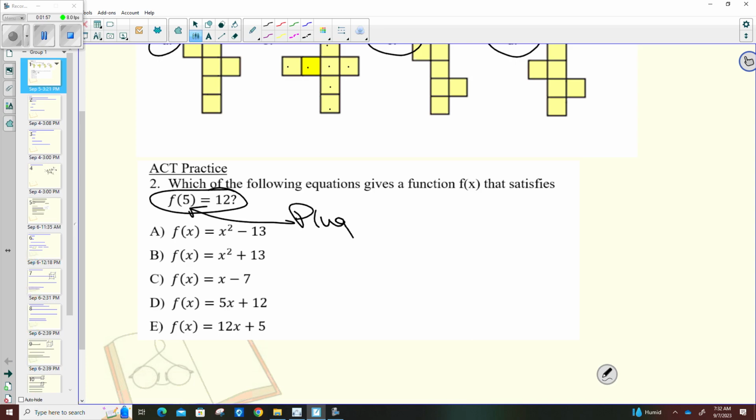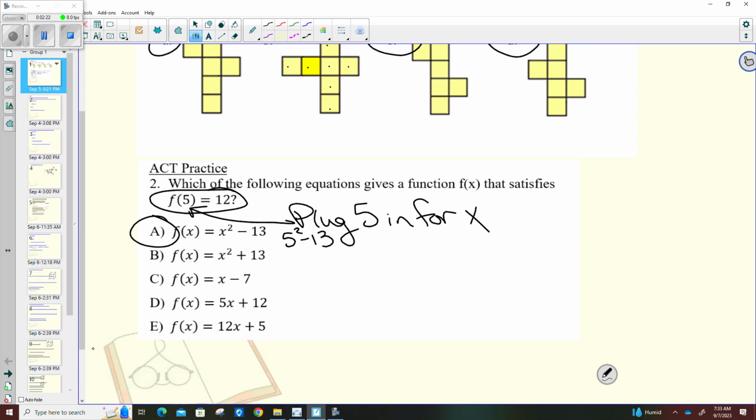Plug 5 in for x. So you literally just had to go line by line and plug in 5 for every x and see which one it matched with. If you get lucky and you start with a, 5 squared minus 13, 25 minus 13 is 12, so it's a. Not always going to work out that the answer is a, obviously.